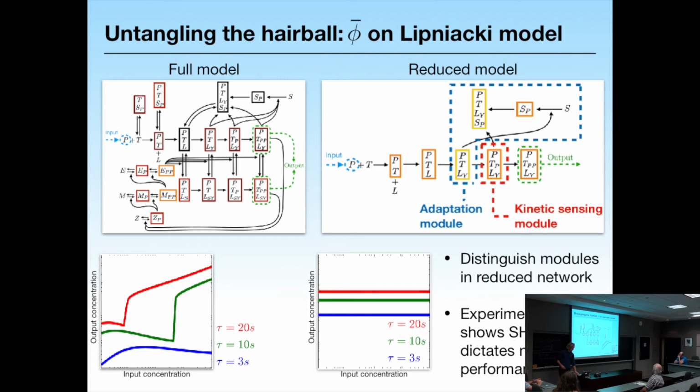Then the thing we've been looking for is this reduced model on the right, where there are some nodes, these complexes that are being phosphorylated, and one feedback loop. An activation by this turns on SHIP, and SHIP then does something. So we call this the adaptation module, because it performs biochemical adaptation.